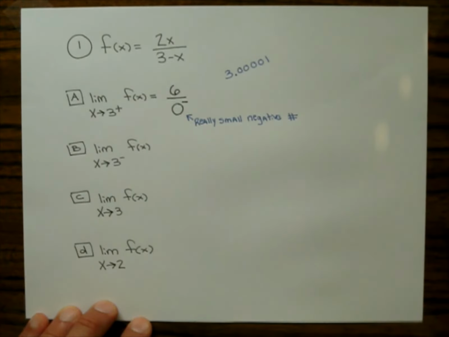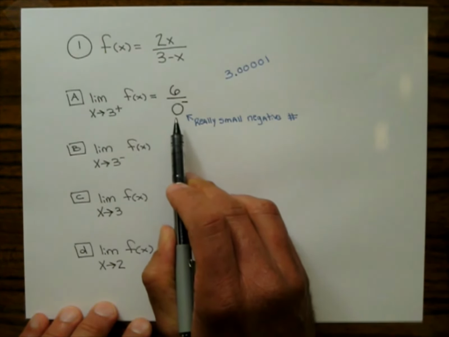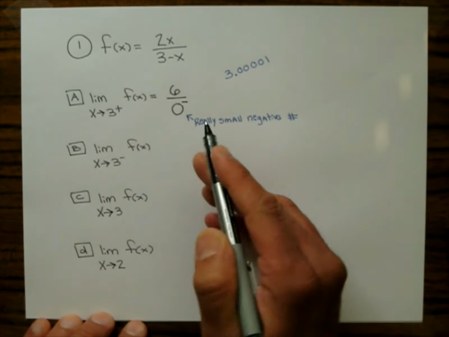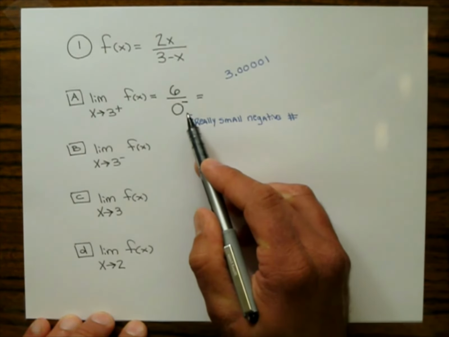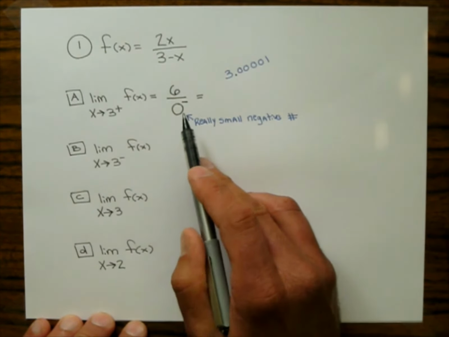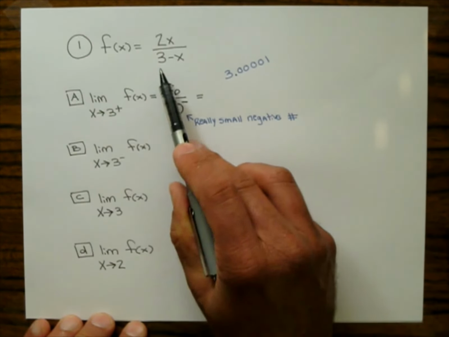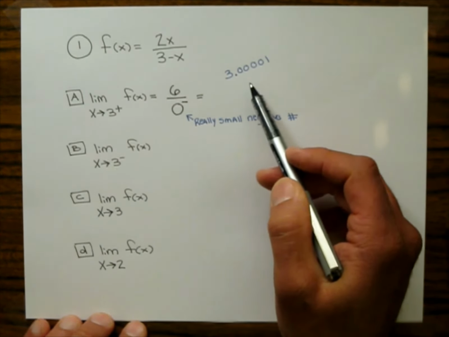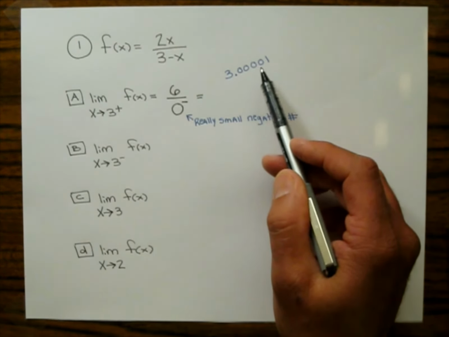So think about this. If you have 6 over a really small negative number, you're going to end up getting a negative number. And you could actually plug that in your calculator. You can go 6 over, and then 3 minus that. So the really small negative number would be negative 0.00001.